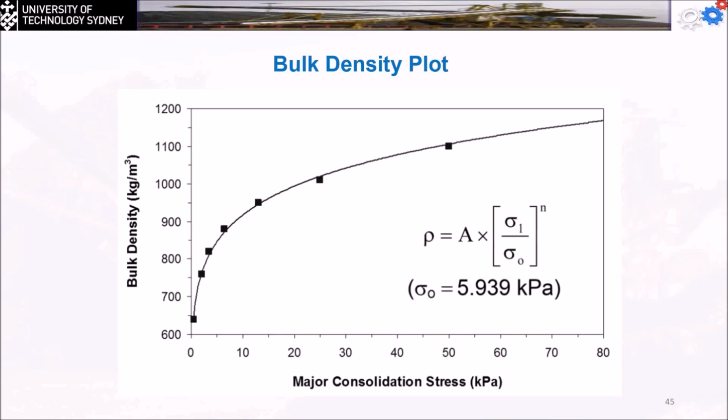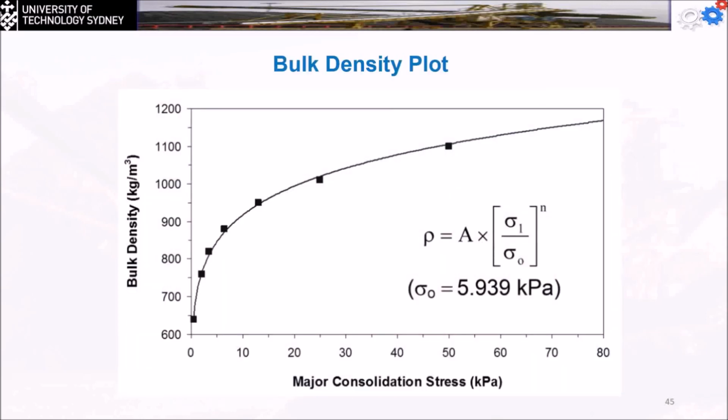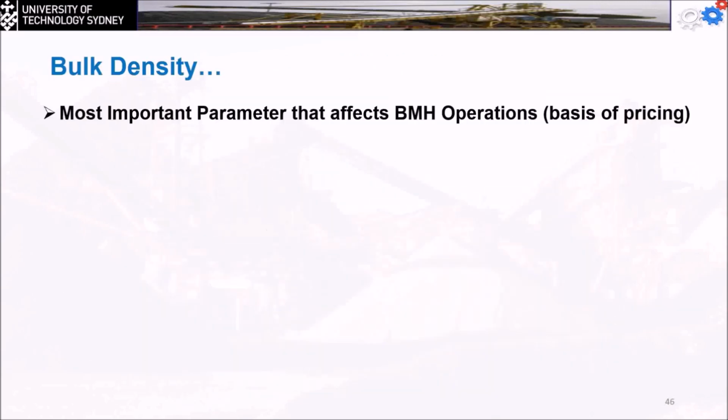So the bulk density is the most important parameter that affects the bulk material handling, the BMH, operation, based on the pricing. Also, the most difficult and frustrating parameter to get. The reason is that the bulk material usually is going to be variable. It's not going to be constant.